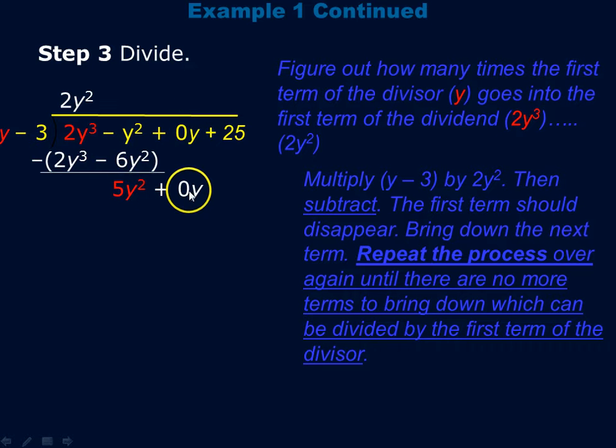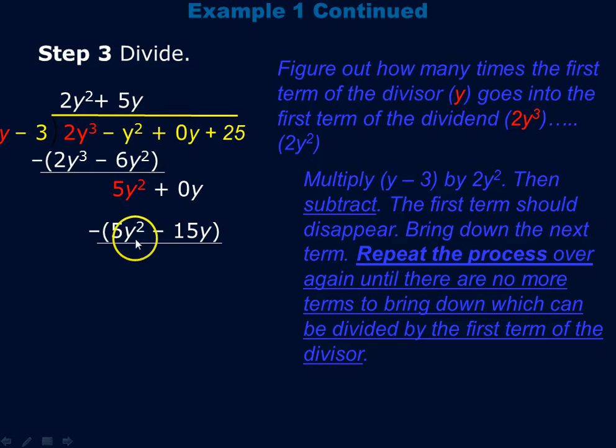Now, bring down the next term, and we're going to repeat the process until we can't do it anymore. So now, how many times does y go into 5y squared? Well, if I multiply y times 5y, I will get 5y squared. So 5y times y should give me 5y squared. 5y times negative 3 gives me a negative 15y.